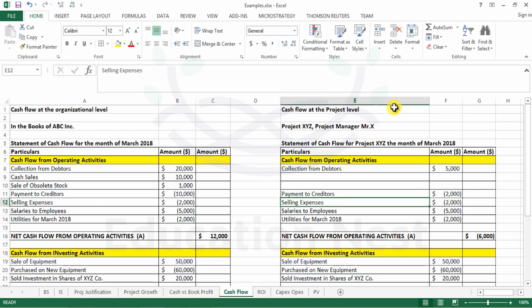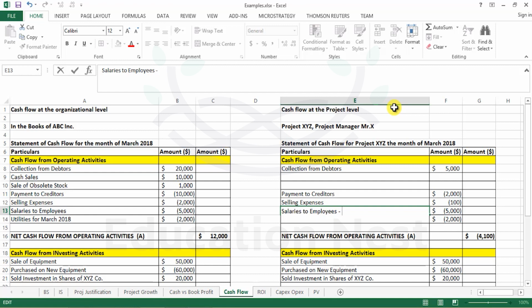Okay, selling expenses may not be there. We'll keep it for the timing, but we'll reduce the amount. It cannot be that substantially high, so we'll just put it as $100 over here. Salaries to employees. Here we need to put one more thing. A project can have a couple of employees specifically hired for a particular project, or they can have the common resources of the company which are available to all the project managers.